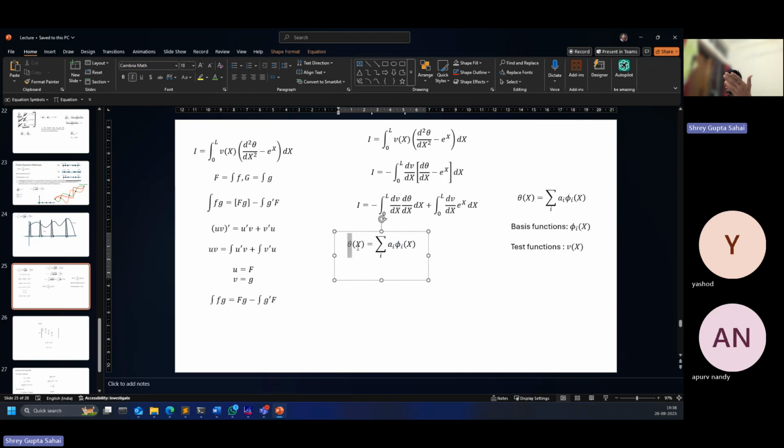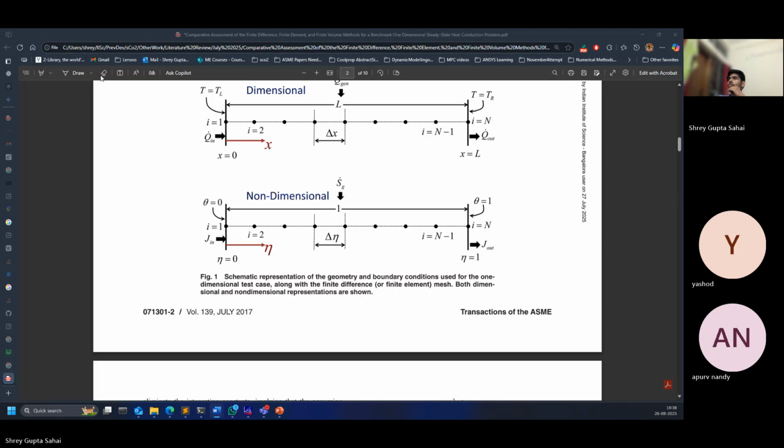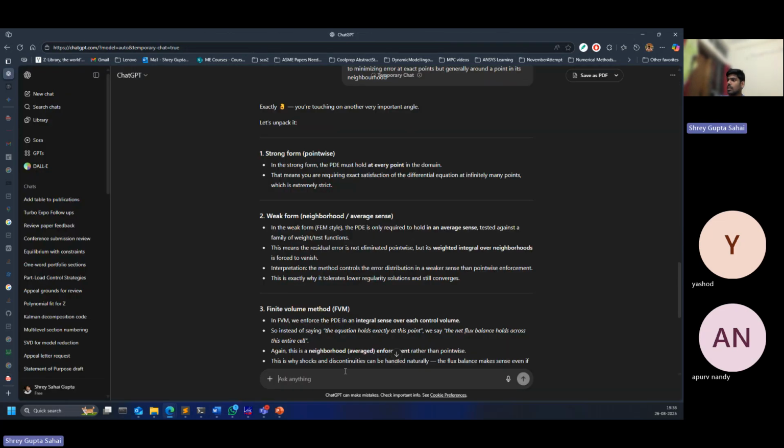So let me first put a basis function. What can be a basis function? Let me ask ChatGPT, what is the simplest basis function in FEM?